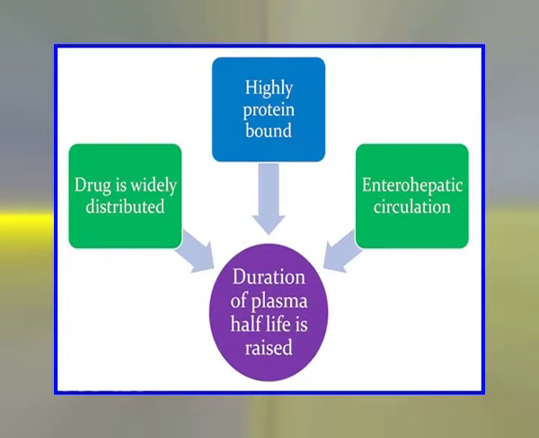The duration of half-life is raised if the drug is widely distributed in the body, highly protein bound and follows enterohepatic circulation. Mostly, half-life is indicative of duration of drug and helps in determining the dosage schedule.